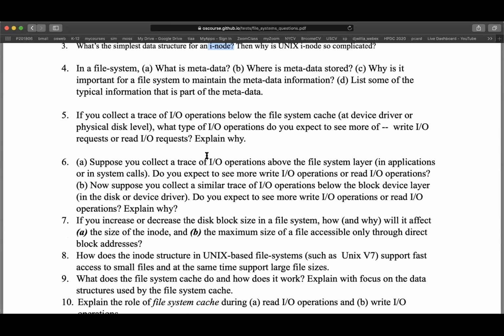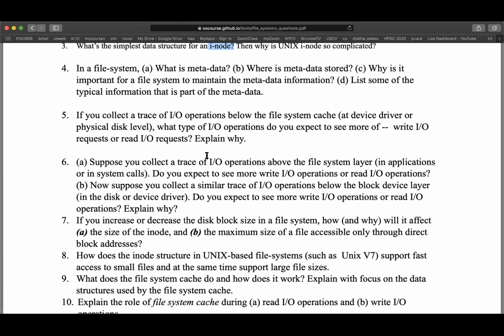Yeah, we talked about what kind of I/O operations go down to the disk. If you look at the I/O operations at the disk level versus above the file system cache, you would see that below the file system cache, right above the disk, you would see more write operations than reads. So what kind of a role does the file system cache play in doing this?